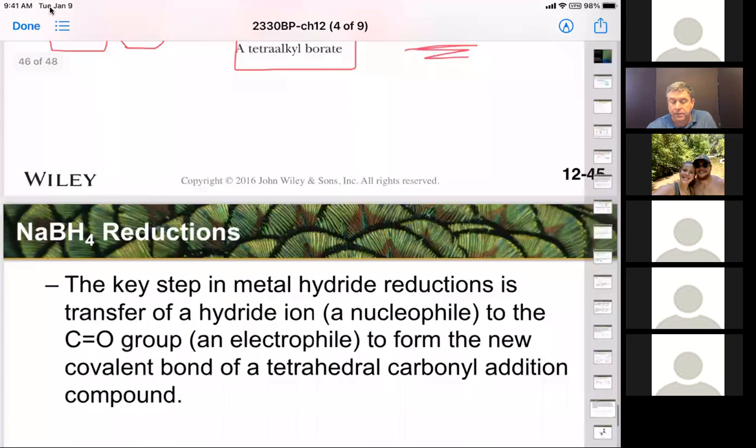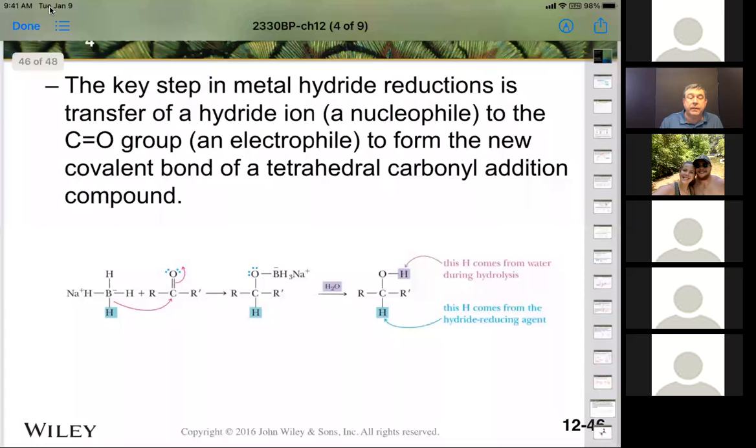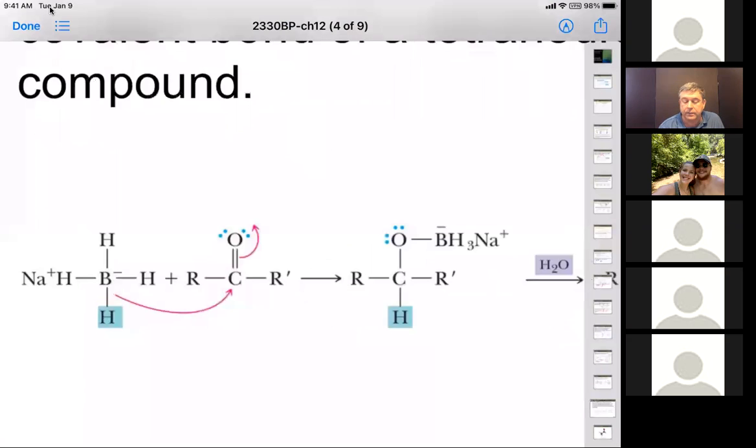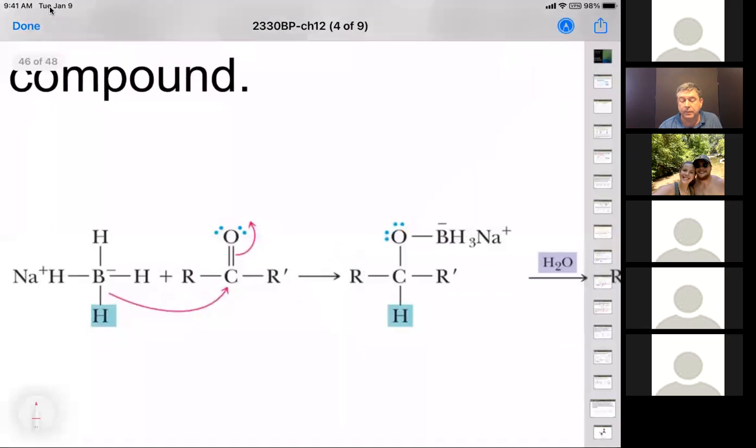Okay, so the key step in this metal hydride reduction is that the hydride is going to use its electrons that are right now forming the sigma bond with boron, and it's going to attack the partially positive carbon, creating a new sigma bond.